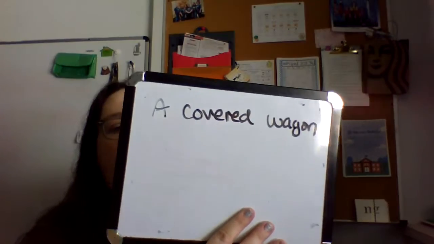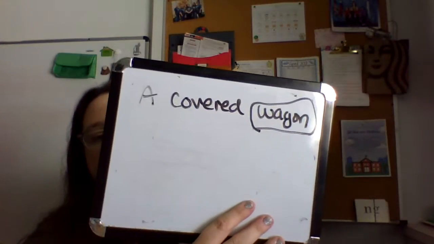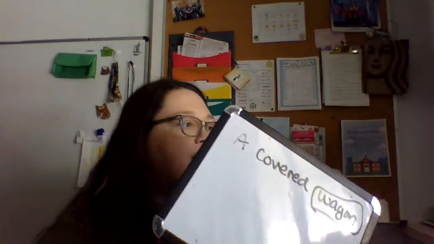Okay, so let's look at this one. A covered wagon. Okay, so a covered wagon, those are all things. What is the actual part of the sentence? Wagon is the actual noun in the sentence. The covered or a covered, those are adjectives helping you describe.